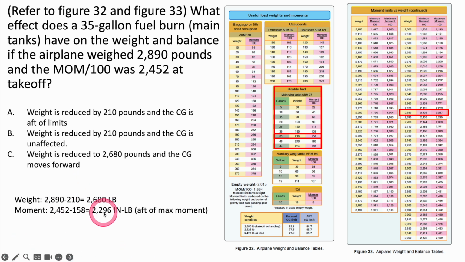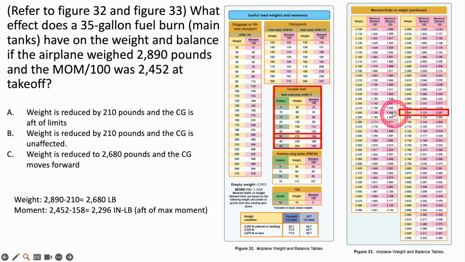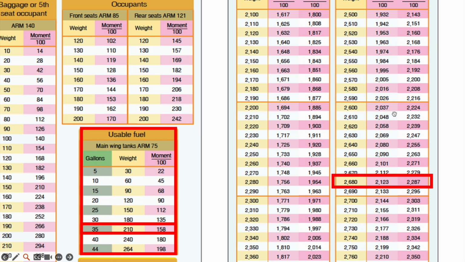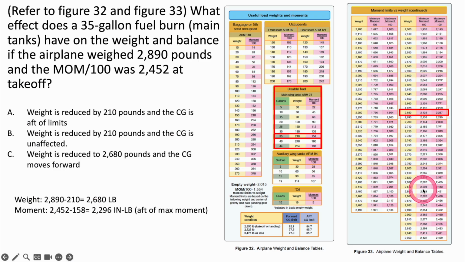You can relate that to the forward and aft limitation for center of gravity. Since our new moment is 2,296, at a glance you could see it is greater than the maximum moment limitation right here, 2,287. Up to that point, you can make conclusions about what the answer would be. We're going to take it a step further and look at the center of gravity limitations.